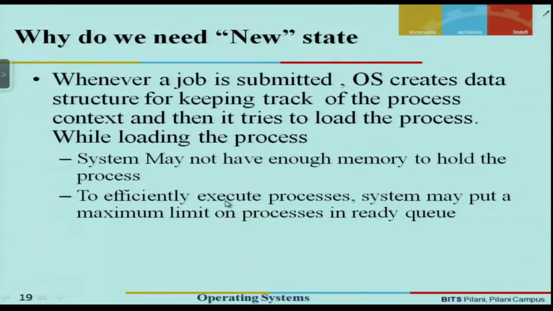Another scenario is that at times the operating system may say that more than n number of processes should not be in the system, for efficient utilization of the system. So the operating system itself puts a limit on the maximum number of processes that can be in a ready state. For that reason also one would require an additional state, that is the new state.